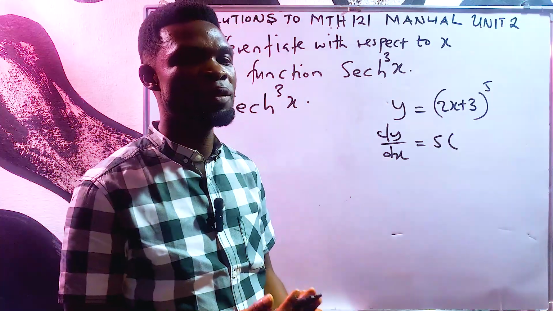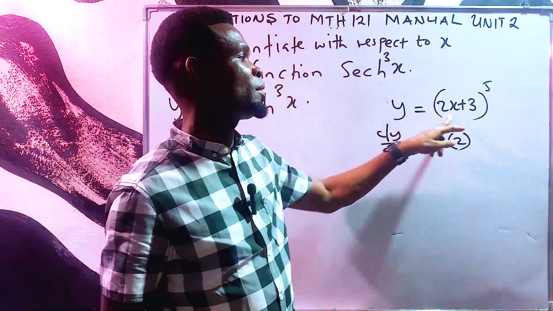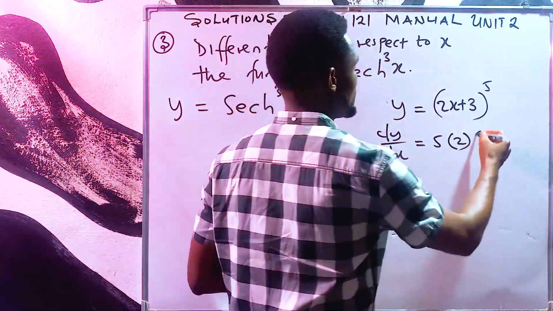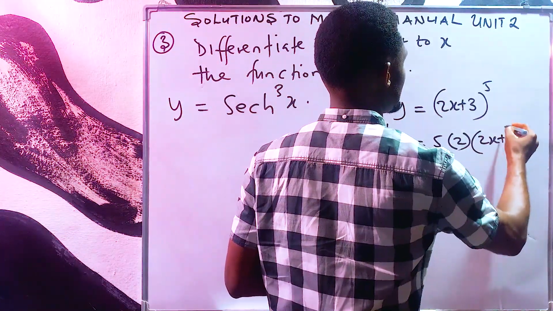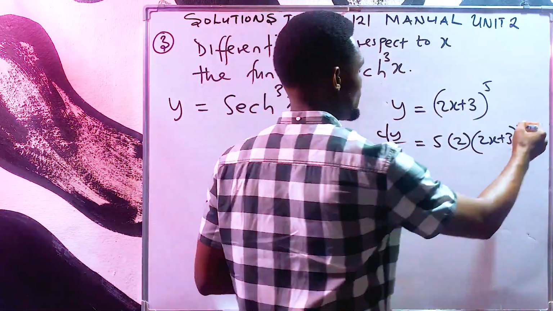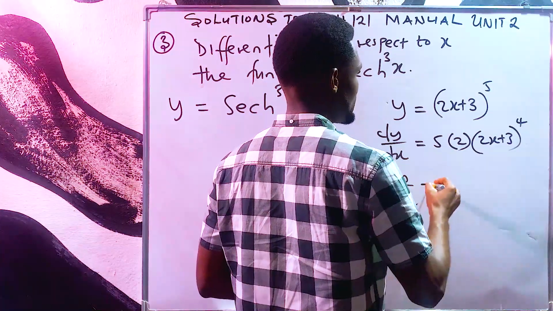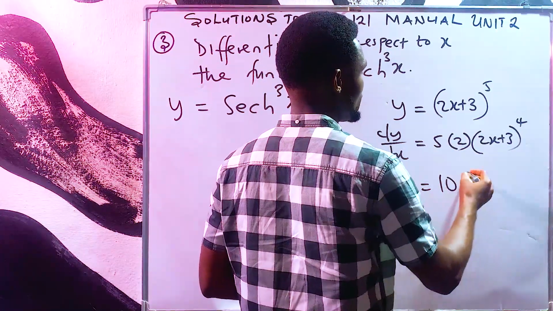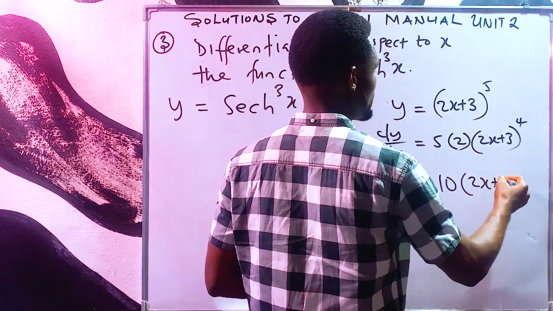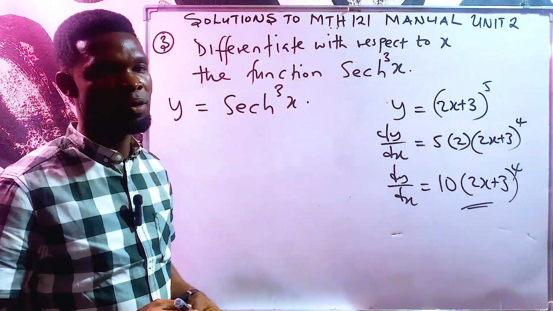If you have learned differentiation, that will be easy. Step 3, repeat the bracket, which is 2x plus 3. Step 4, subtract 1 from the power. So that will give you 4. That's 5 minus 1, 4. Meaning that dy dx is 5 times 2, 10, into 2x plus 3 raised to the power of 4. That is how to differentiate chain function.